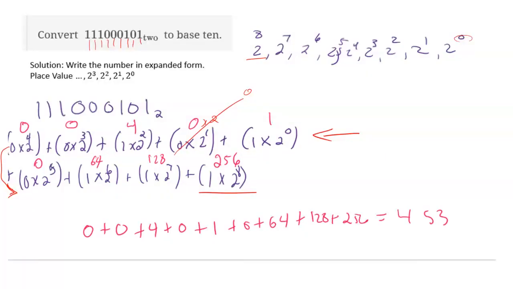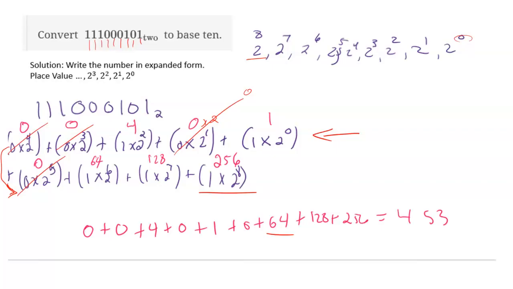4 times 1 is just 4. And so this is not going to contribute, not going to contribute, not going to contribute. 2 to the power 6 is 64 times 1. That's just a 64. And we could see it here. Another 1 times 2 to the power 7, because 1 is the largest symbol.